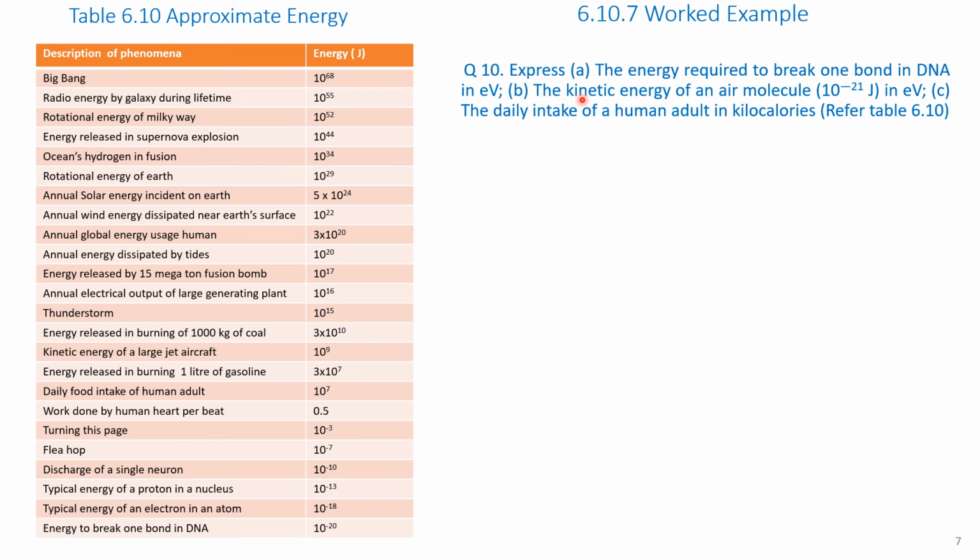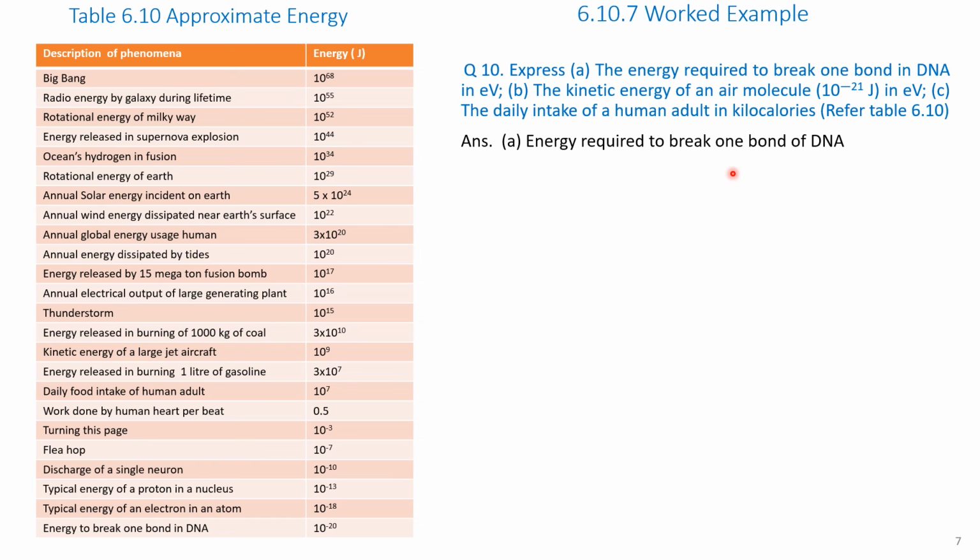Part B is the kinetic energy of an air molecule, which is 10 to the power of minus 21 joules; we have to express it in electron volts. And part C is the daily intake of a human adult in kilocalories. Some of the data is not given in the problem, so we have to refer to table number 6.10. Let us answer it.